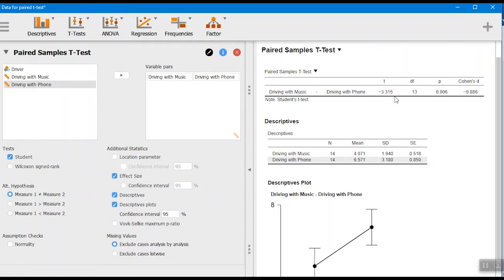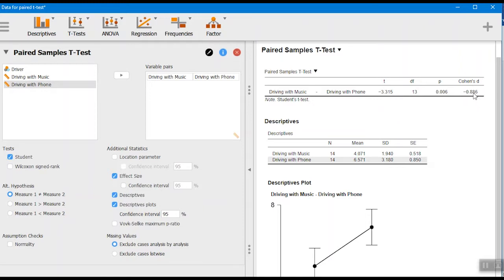This is telling us that the mean difference between those two situations is a little over 3 times larger than what we'd expect by chance. Here's our degrees of freedom. We had 14 participants, so 14 minus 1 gives us 13. Here's our p-value, 0.006. That's the probability that we would get a t this large just by chance, which is pretty remote.